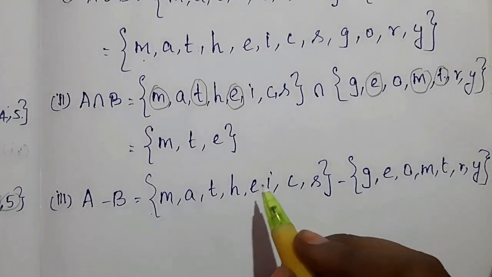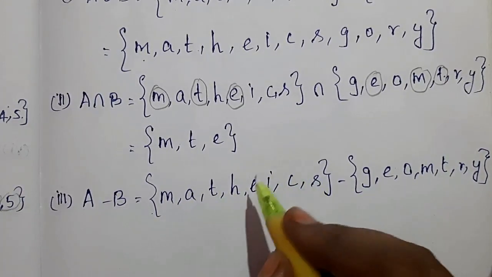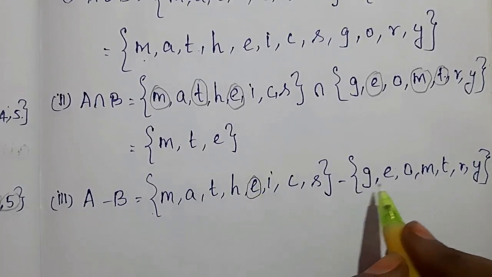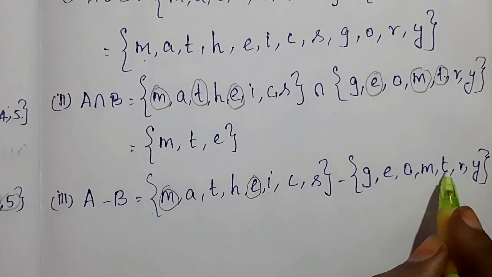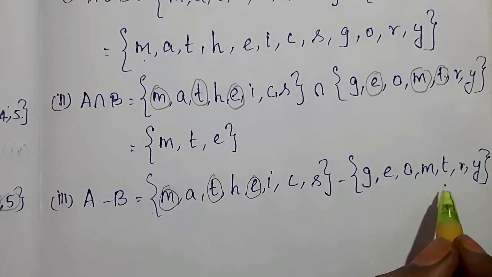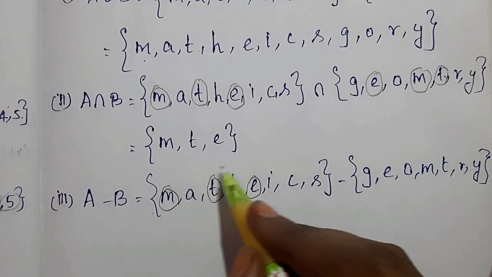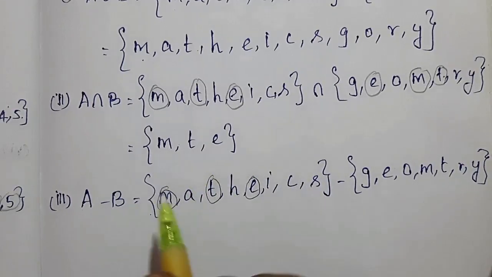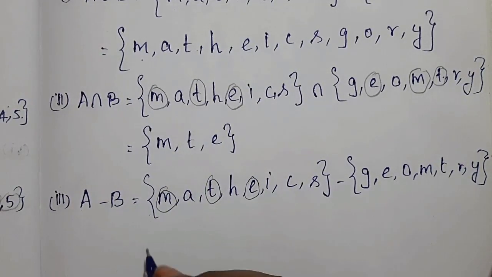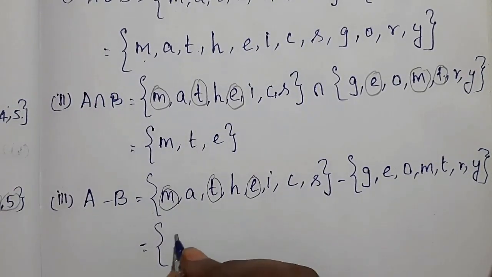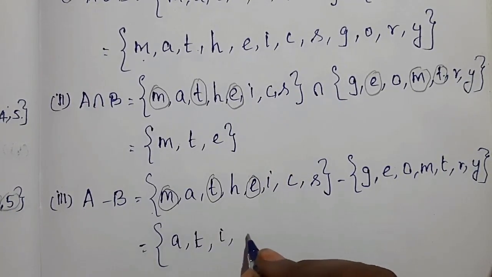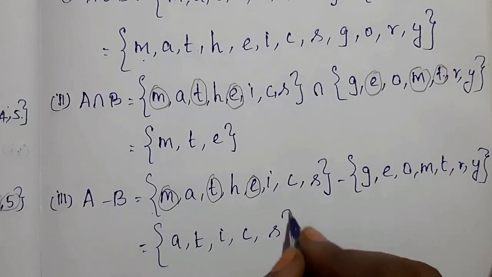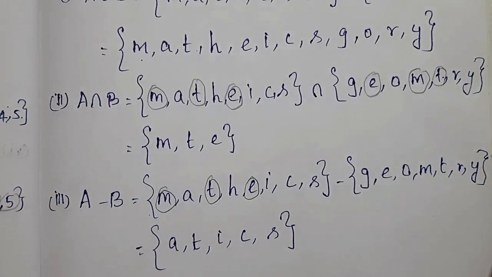First we can circle them. G, no. E is a B element. M is a B element. T is a B element. So we can remove these elements and write the remaining A elements. We should not write any other B elements, only A elements. So the remaining are A, H, I, C, S. It is A minus B.